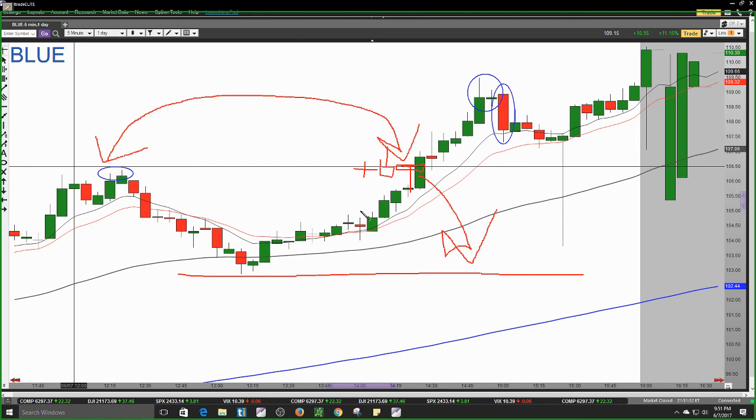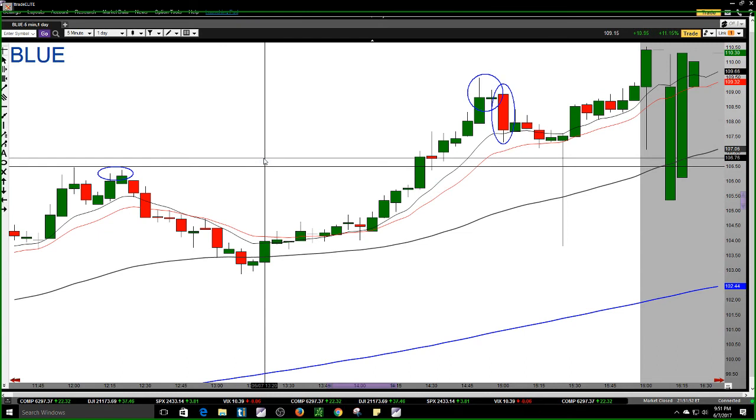You have to try to focus on the type of candlesticks that you are looking at, where they're located, and what you're trying to force your chart to actually do.